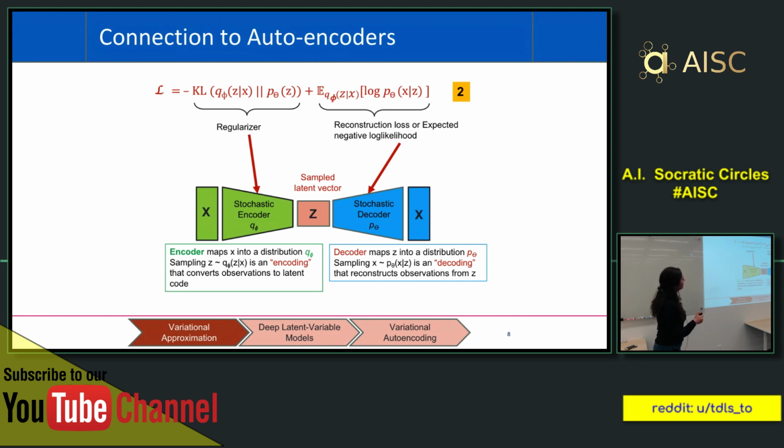If we have a closer look, we see the approximated posterior, a mapping from X to Z, and then the reconstruction loss, the expected negative likelihood, a mapping from Z to X. So we have a stochastic encoder that maps X into a distribution, we take samples Z from this distribution, and then we have another stochastic decoder that maps Z to X. This is pretty much like a neural network on handwritten digit recognition, where we had P of Y given X. Now we have X given Z. Z is the input and X is the output, the reconstructed input.